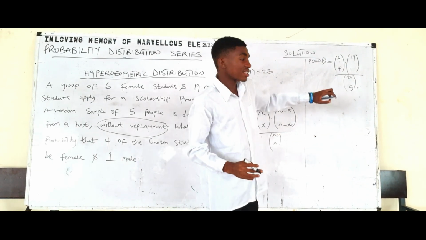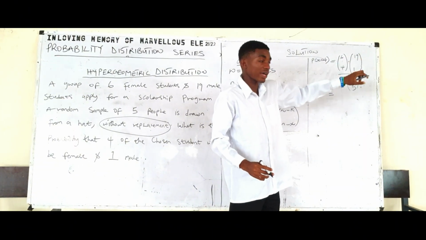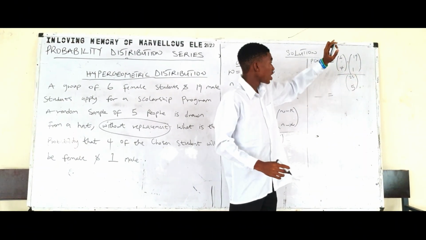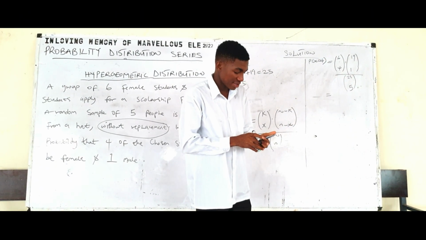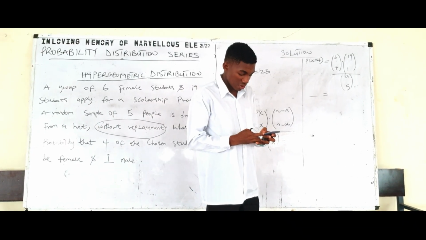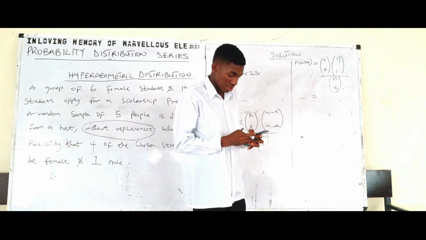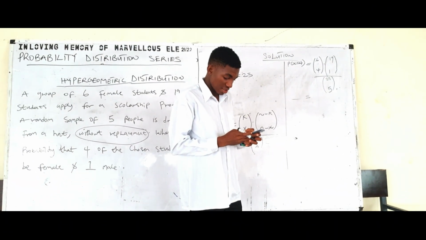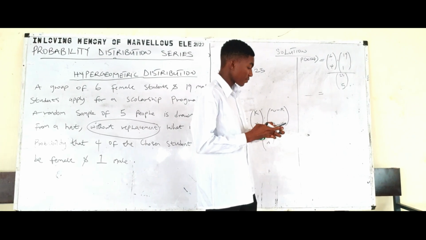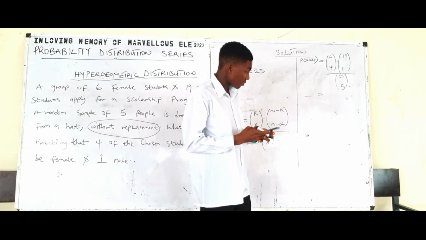So we have 6 combination 4 times 19 combination 1 all over 25 combination 5.